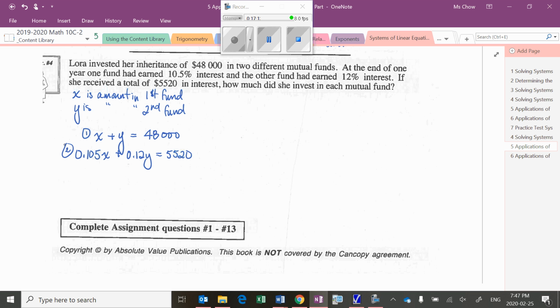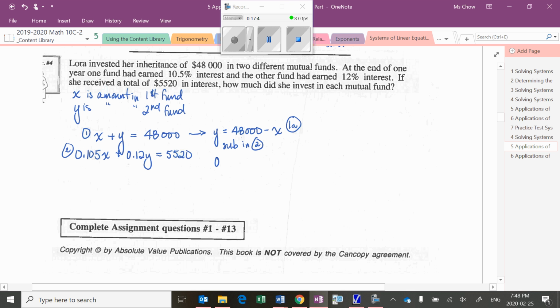So let's take equation 1, and we'll isolate either X or Y. Let's just say we'll isolate Y. So from 1, we'll subtract X from each side. So Y is equal to 48,000 minus X. We'll call that 1A, and we'll substitute that into equation 2.